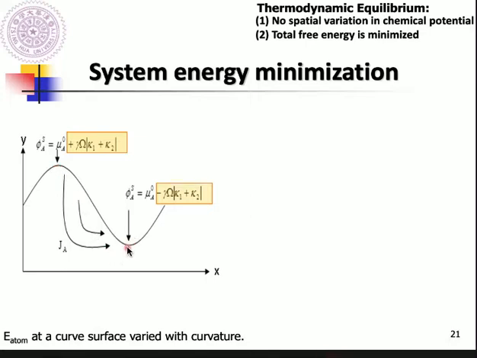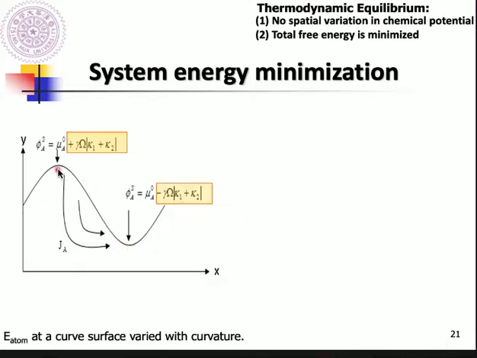And if we want to write down the chemical potential of atom A at the concave side, it can be expressed like this: μ_A0, the chemical potential of atom A at the flat surface. Because now it is not a flat surface at all, we need to add a modified term, which is minus γ, the surface energy, Ω, the atomic volume, times κ1 plus κ2. And κ1 and κ2 are also the curvatures describing this curved surface.